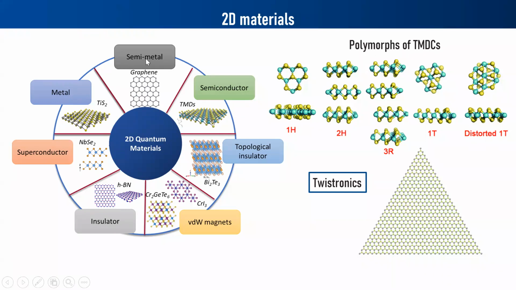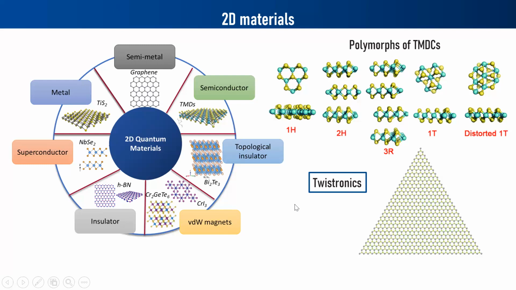So you can classify them as semi-metal, semiconductors, then you have topological insulators, then metallic 2D materials, then 2D materials which can be superconducting, then insulating like HBN, which we use as dielectrics or as substrates. Then recently in this class, we also have the magnetic 2D materials, which are also very interesting in their own nature.